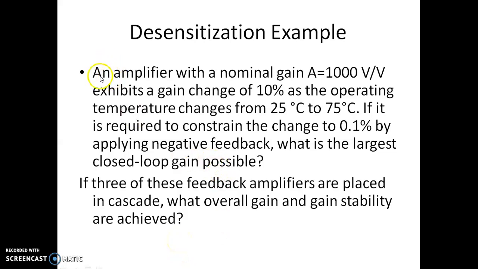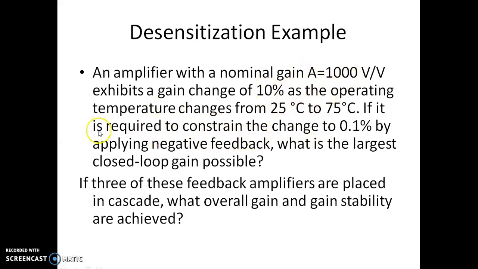Now we consider an amplifier with a nominal gain of 1000 volt per volt that exhibits a 10% change in its value when the temperature changes from 25 degrees to 75 degrees. Meaning that this is 1000, so it may go to 1100, because it is a 10% change.